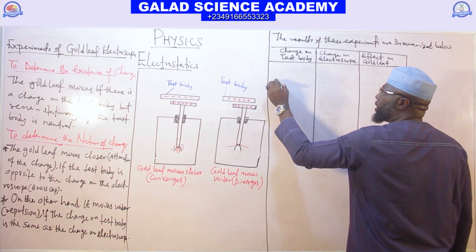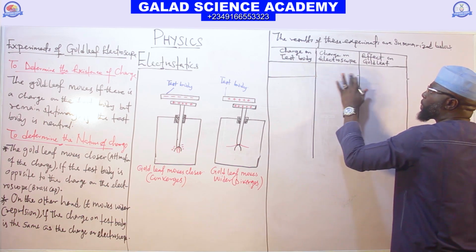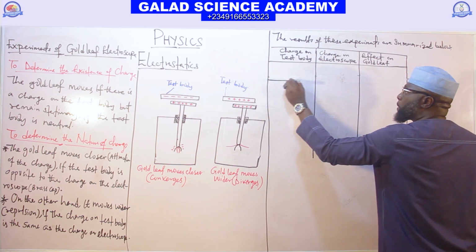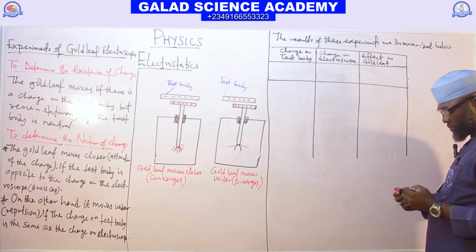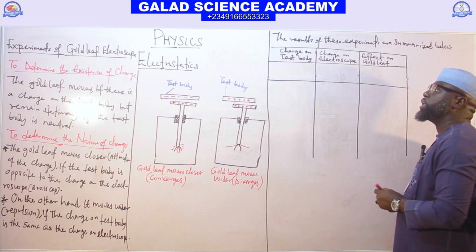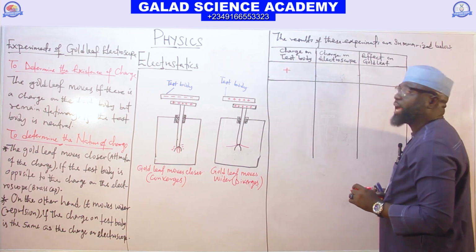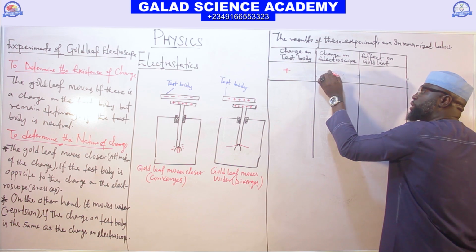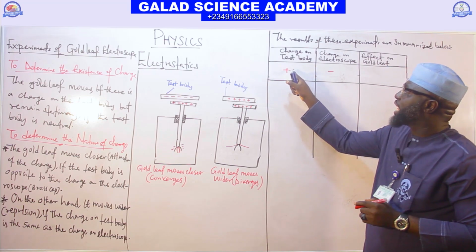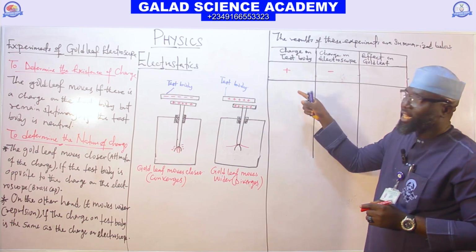So yeah, let us look at this now. If the charge on a test body is positive and the charge we have on the electroscope is negative, the charge on the test body is positive, the one on the electroscope is negative.